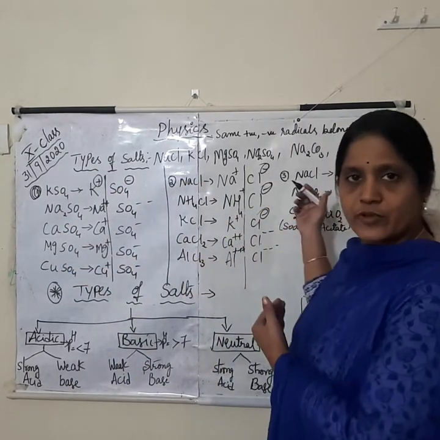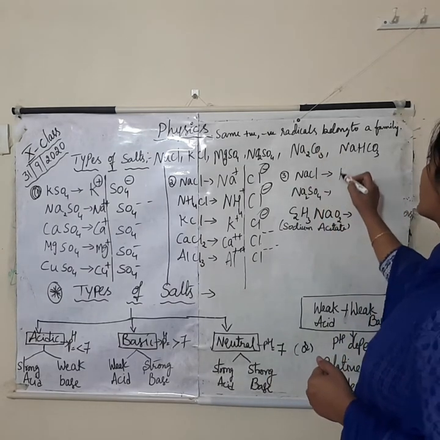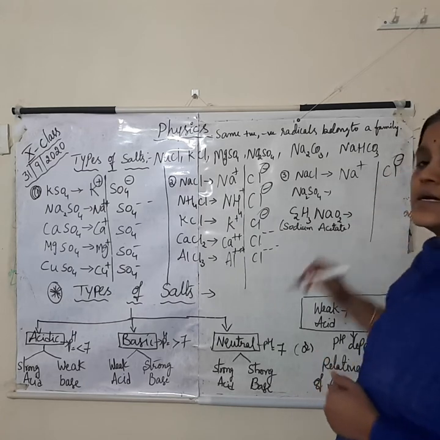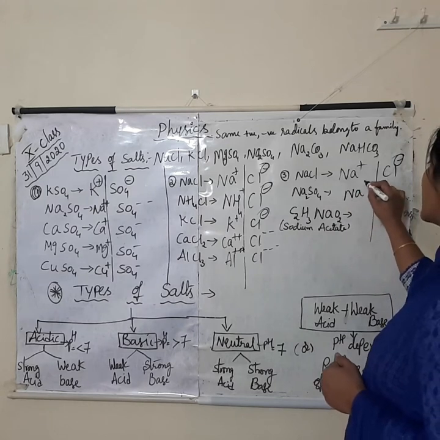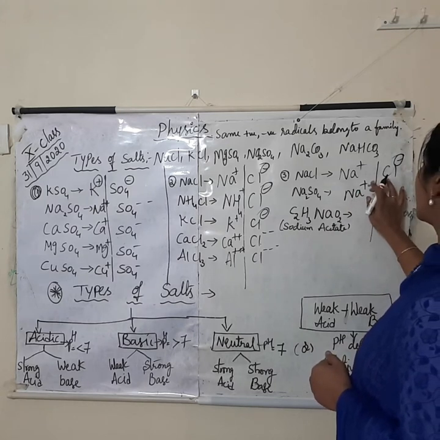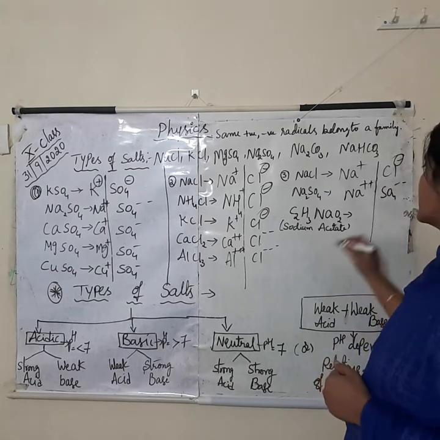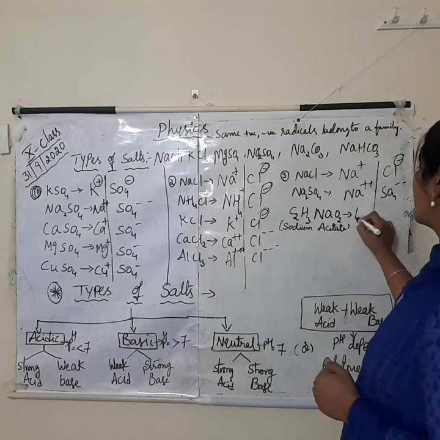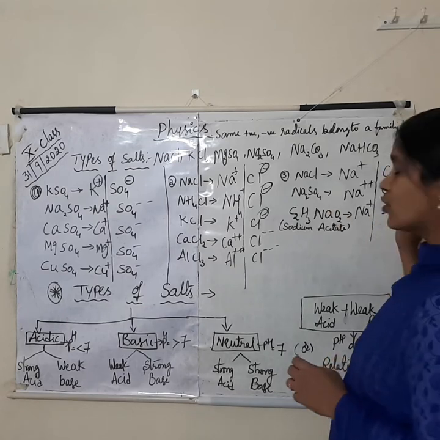Now we'll take another group. Here, sodium chloride can be split into sodium Na plus and Cl minus. Sodium sulfate can be split into Na plus and SO4 minus. And this is sodium acetate, Na plus and acetate minus.